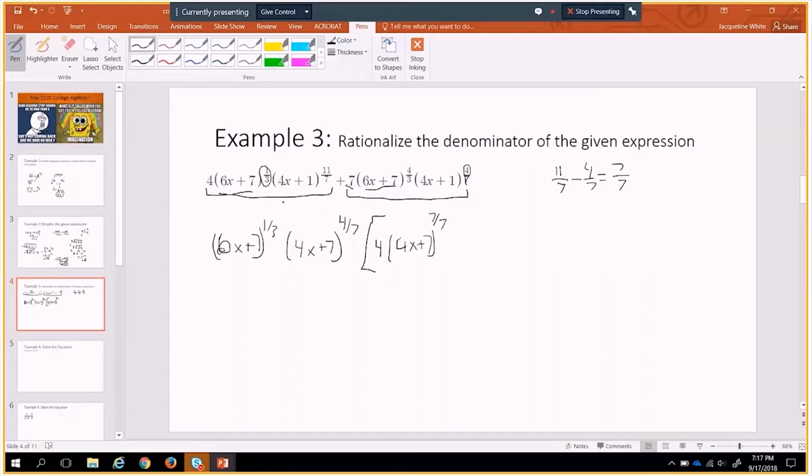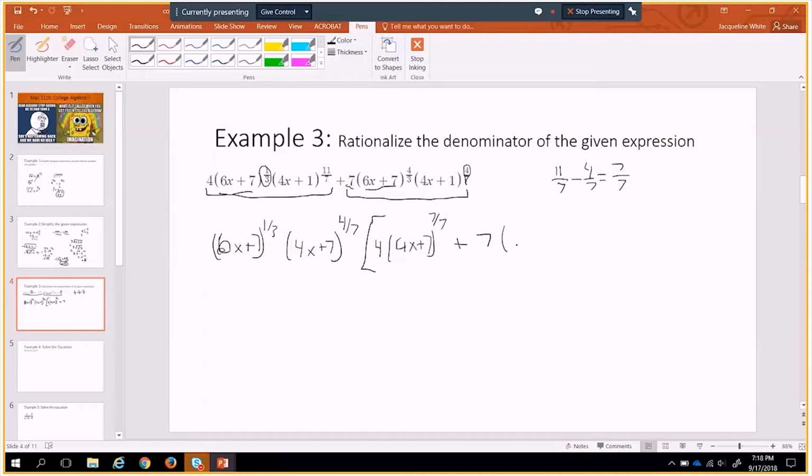So now we're done with this left term over here. So now we can move on to the next one. So what are we left with? That 7 is still there, right? So we're going to write it down. We have a 6x plus 7 to the 4/3 power, all right? So we took a 6x plus 7 to the 1/3 power out of both. So that means 4/3 minus 1/3, that's going to be a 3 over 3 that is left over.